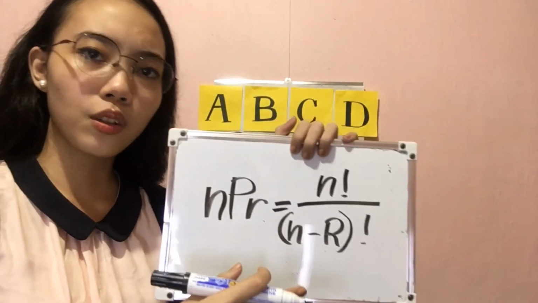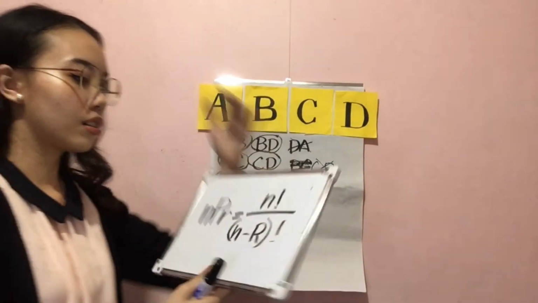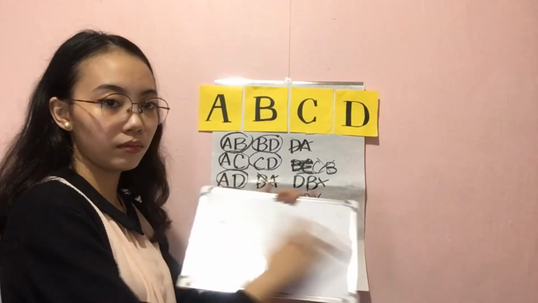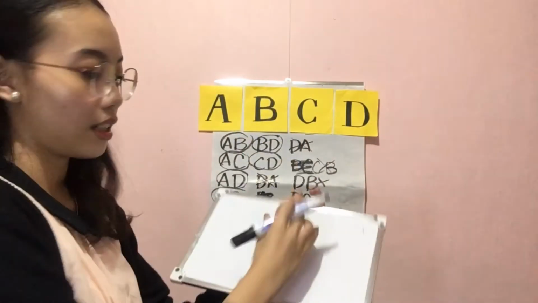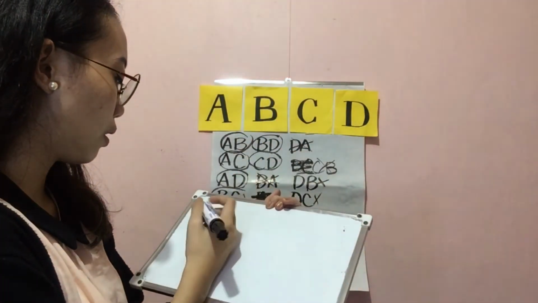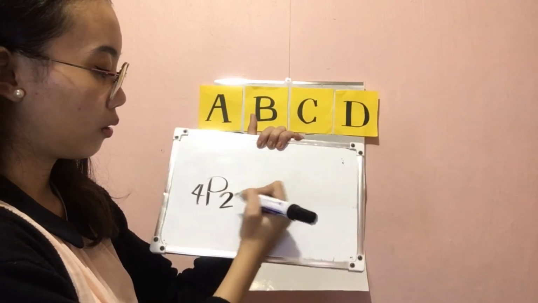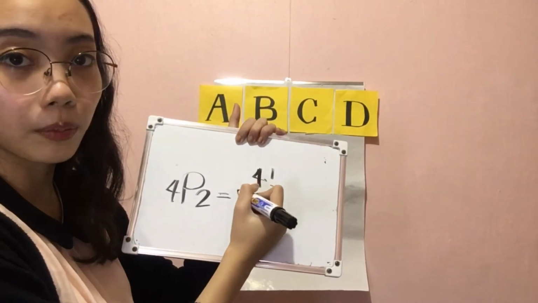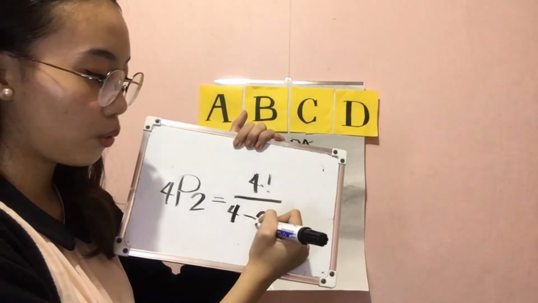So how are we going to apply this formula to these values? Now we're going to put this in the equation. 4P2 equals 4 factorial divided by 4 minus 2 factorial.